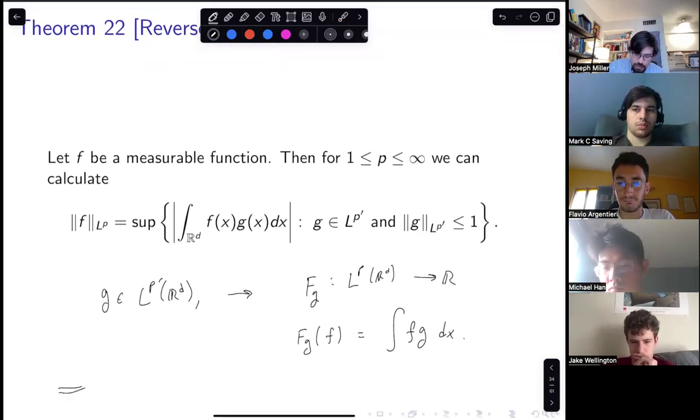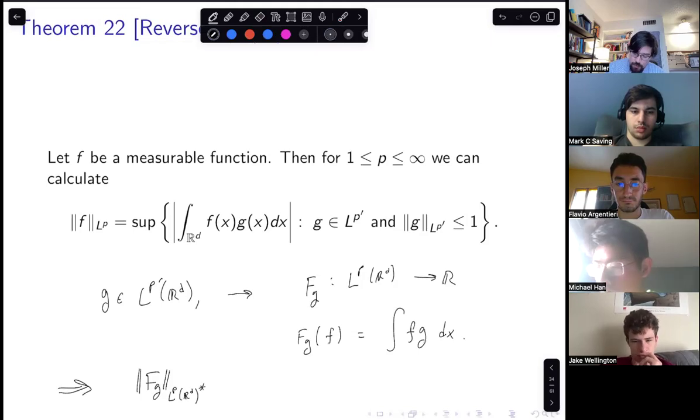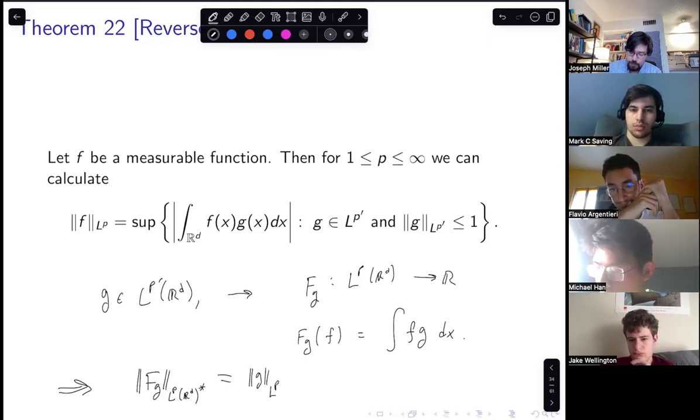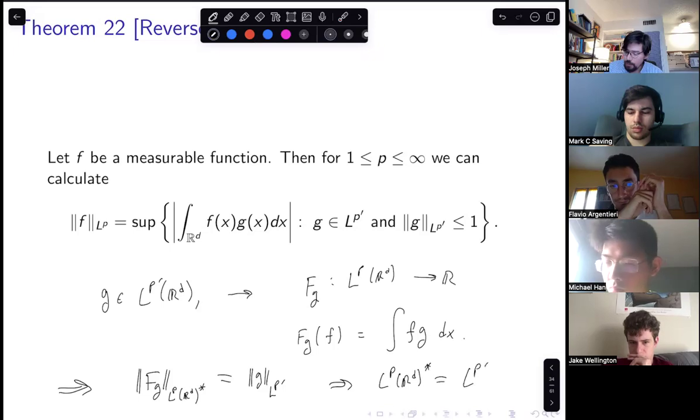What this theorem says is that the operator norm of F of G as an operator on LP of RD, so on the dual of this space, is going to be equal to the LP prime norm of G. So the dual of LP RD is going to be LP prime.